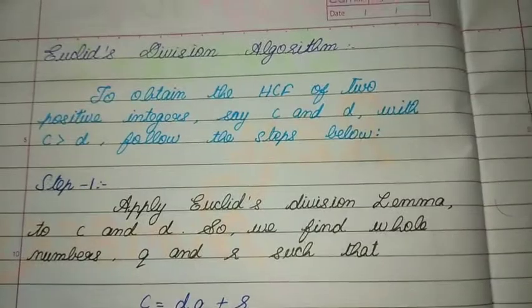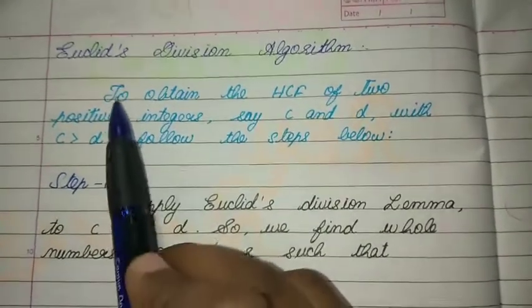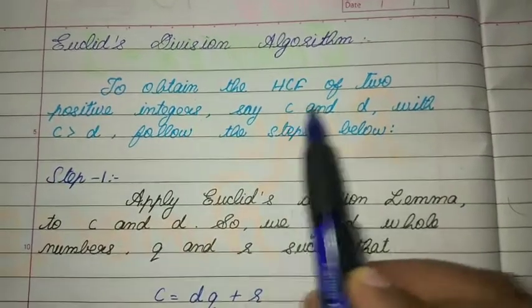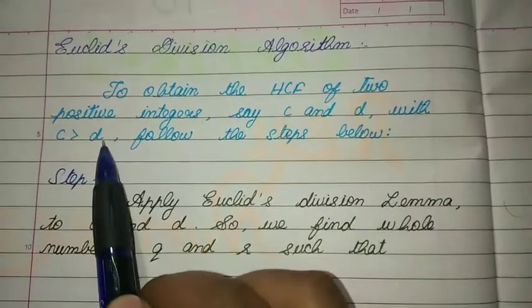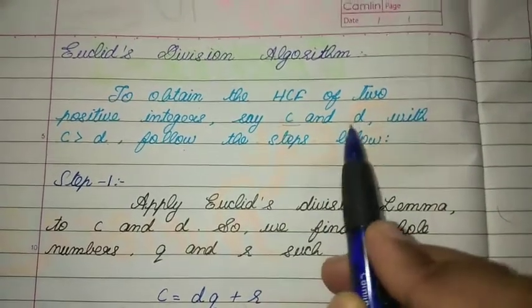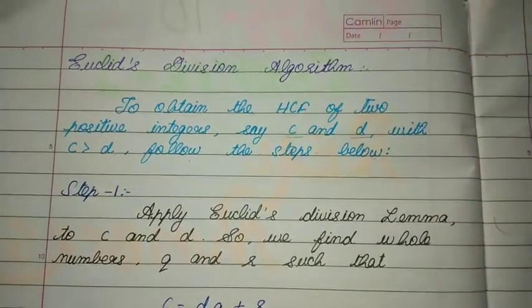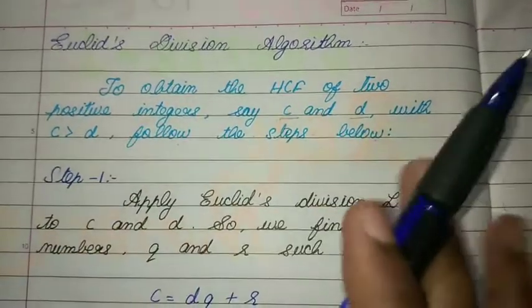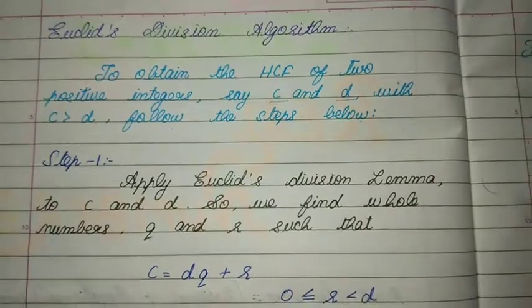Now let's see what is given in the algorithm. To obtain the HCF of two positive integers, say c and d, with c greater than d, follow the steps below. As I said, a and b were used in Euclid's division lemma, but here c and d are used. That's the only difference. So now we'll see the procedure.